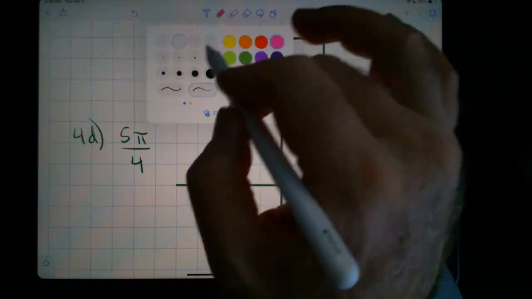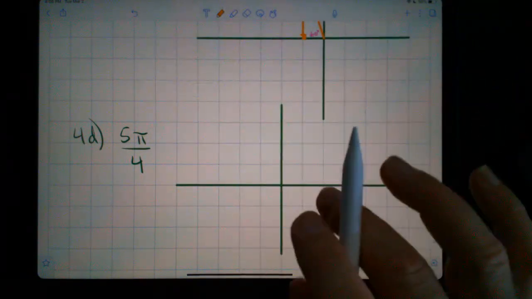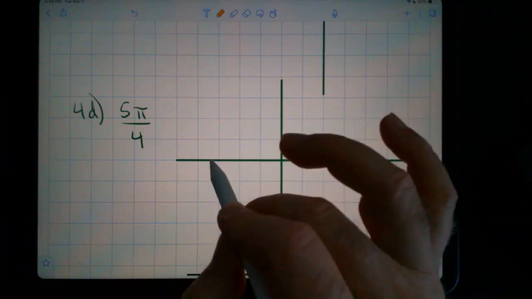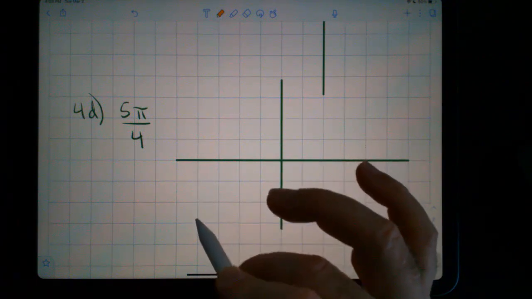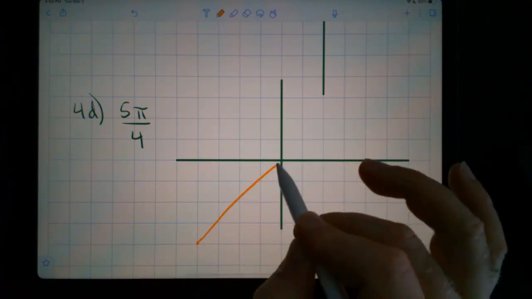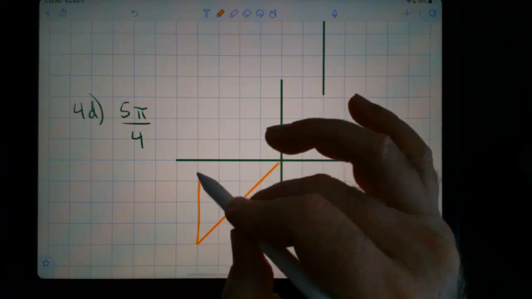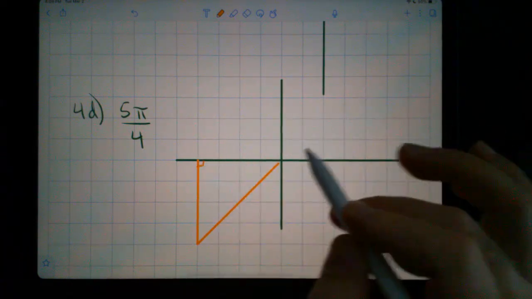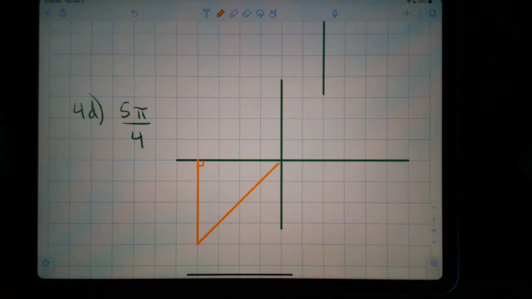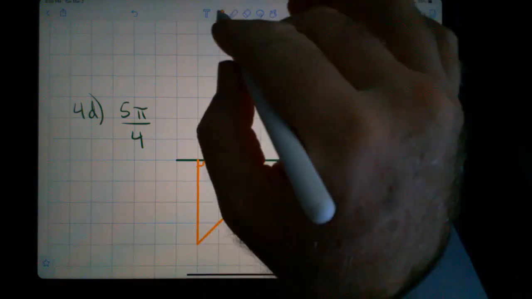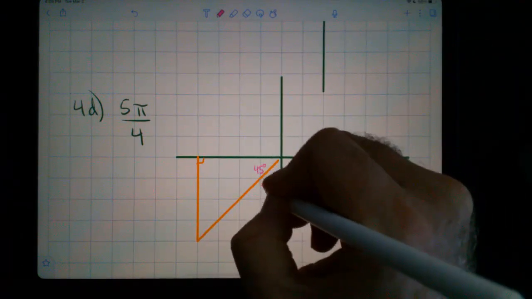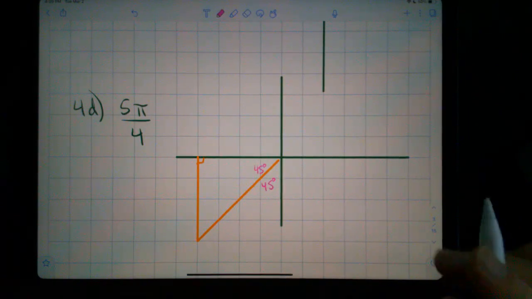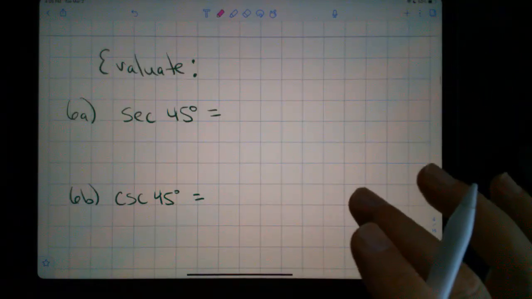Five pi over 4. So this is 1 pi over 4. So 5 pi over 4 is going to be... So now we're going to evaluate some of these. So secant of 45 degrees.